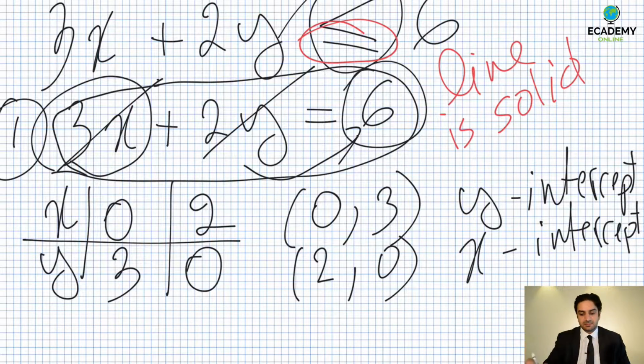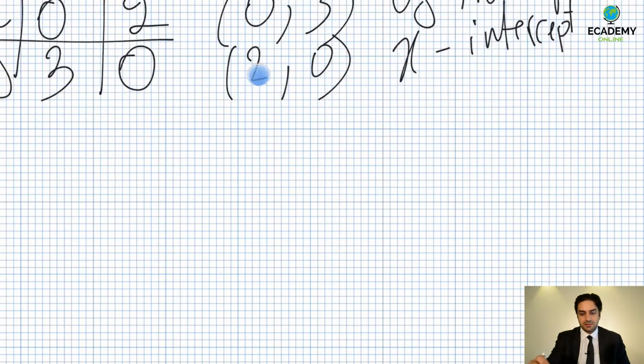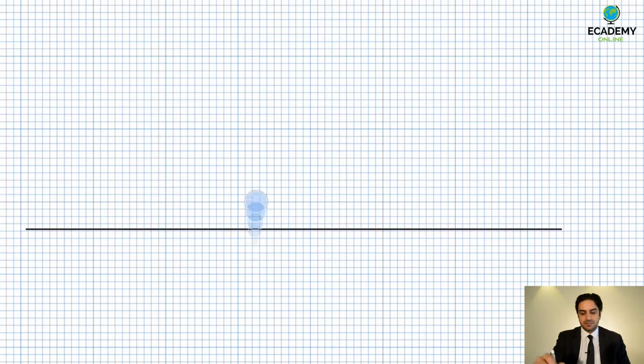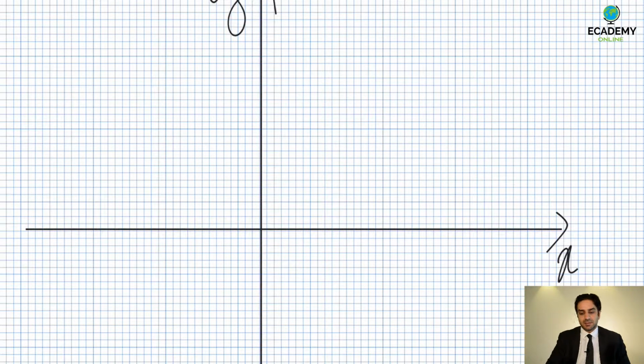To graph the line, I simply plot the 2 points. This is my x-axis, and this will be my y-axis. So this is x, this is y, and this is the origin, as usual.